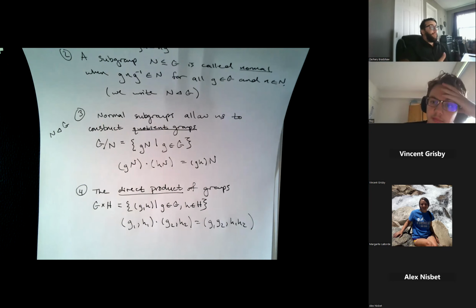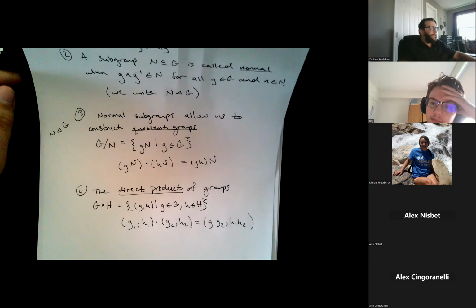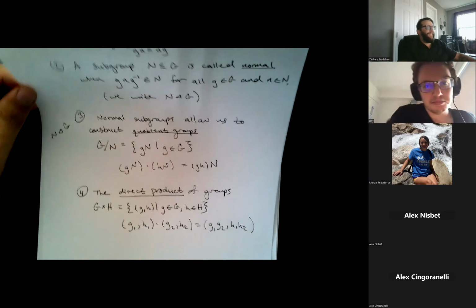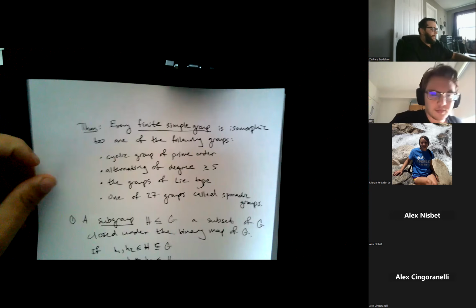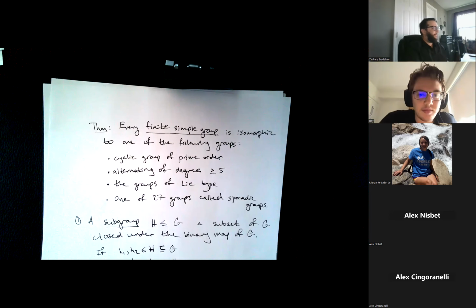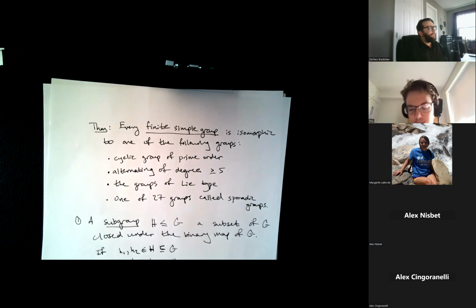So, any questions? I have a naive question. When you go back to the theorem where it's talking about every finite simple group, would a sufficiently large simple group be isomorphic to every cyclic group under it?